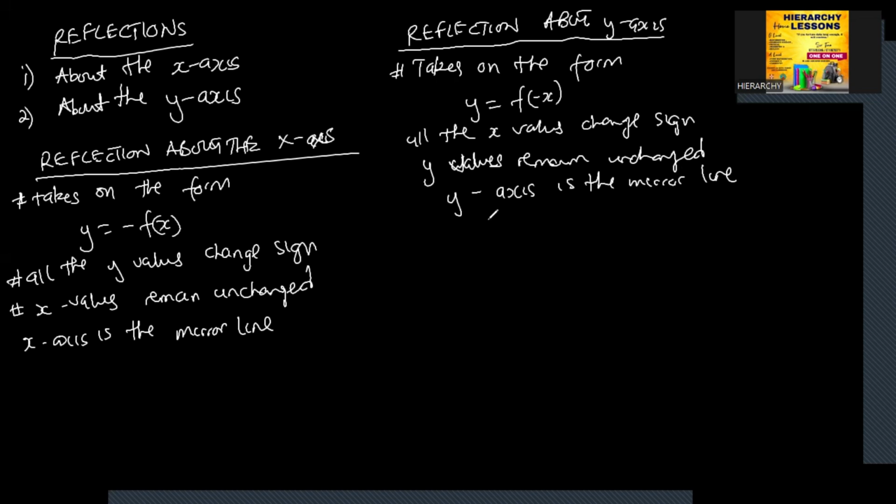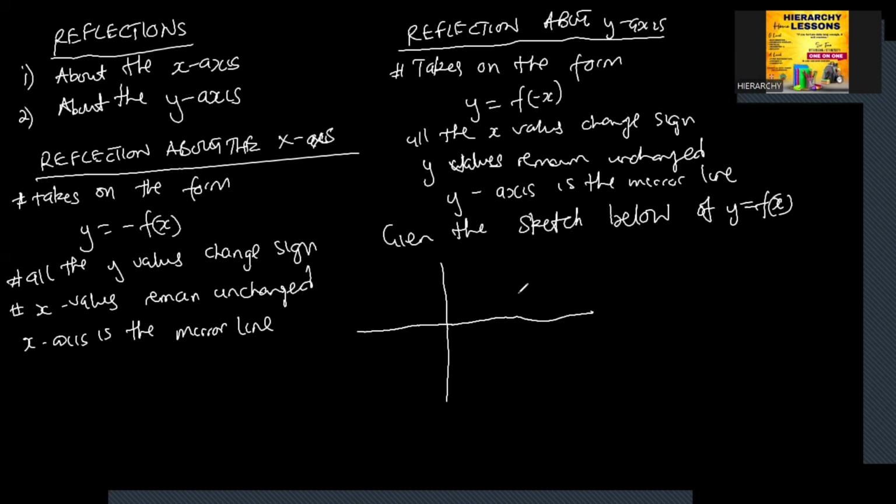Okay, so let's look at an example. Given the sketch below of y is equal to f of x, we just use the previous example we used here, with 3 here and 4 here.